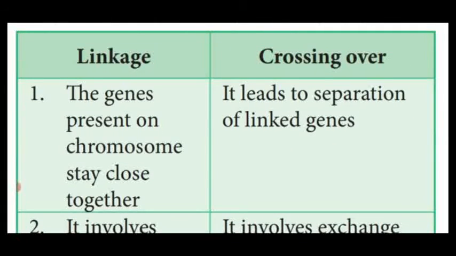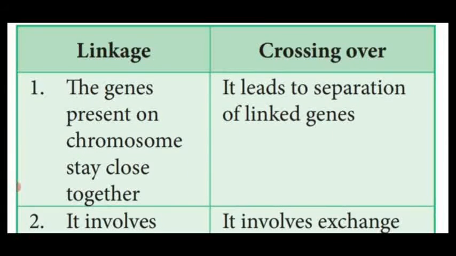Now, we are going to see another very, very important 3-mark question. Differentiate between linkage and crossing over. The first one we have seen just now. The genes present on a chromosome stay together. At all times, even when the chromosome separates, the genes stay together.